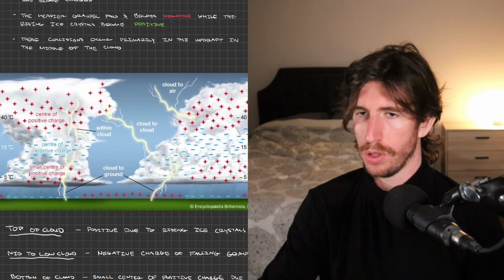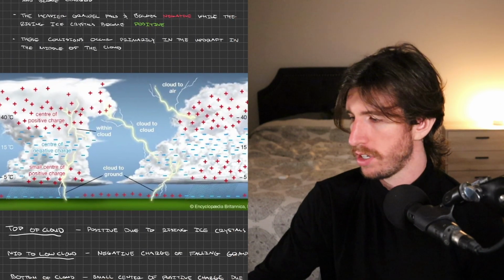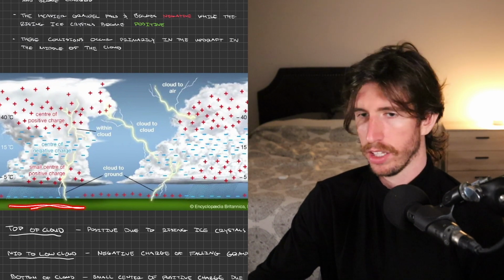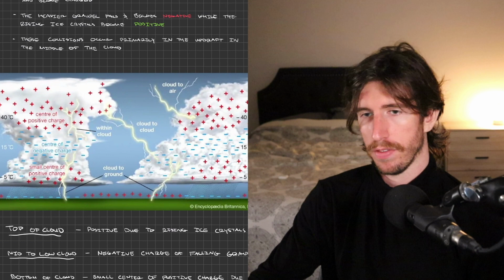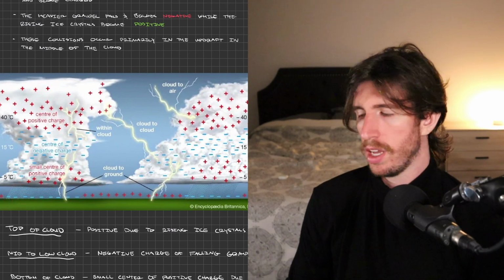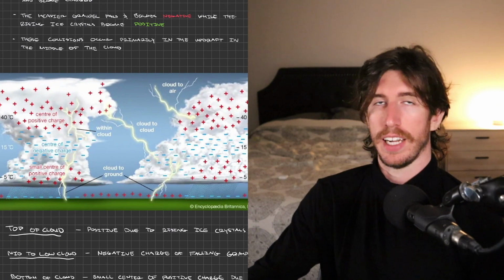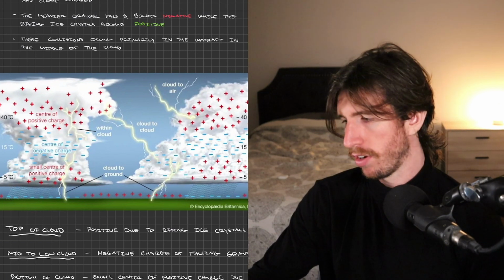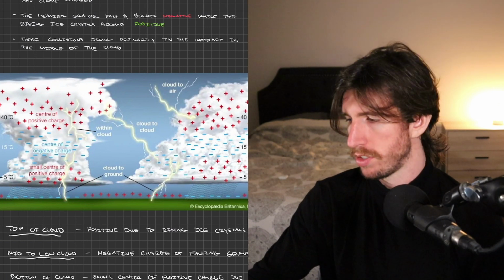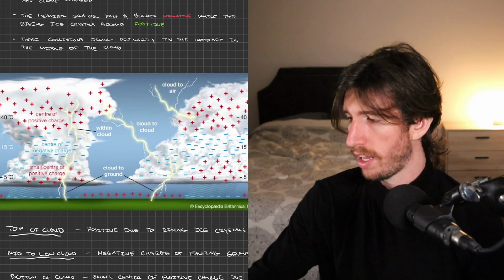Due to the fact that there's a difference in charge in the regions of the cloud, as well as the area of the ground below, which is typically negative directly below the storm, you get lightning bolts traveling from the cloud to the ground. There's also a difference in charge between the negative portion and the positive portion of the cloud itself.